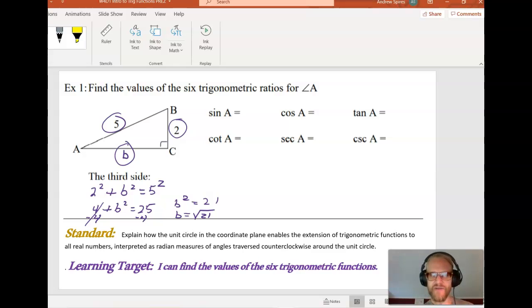So, sine of A. So A is this angle. So we have 2, which for angle A, now I'm only talking about angle A, not angle B. That would be a different thing. Angle A has an opposite leg over here. It has an adjacent leg here.